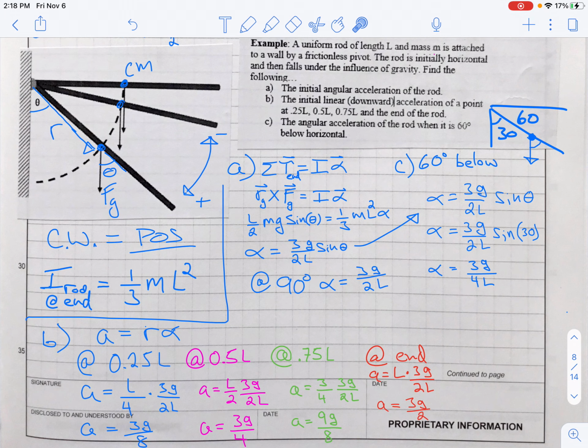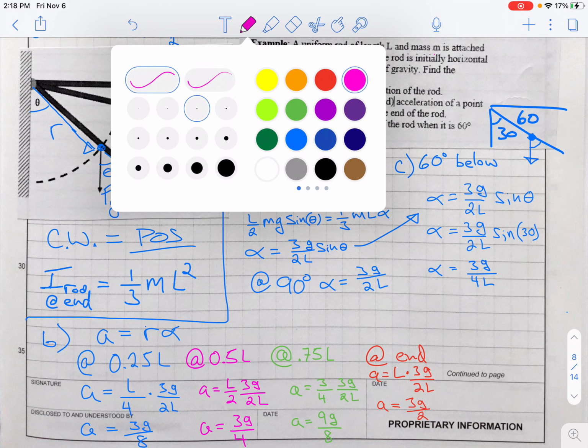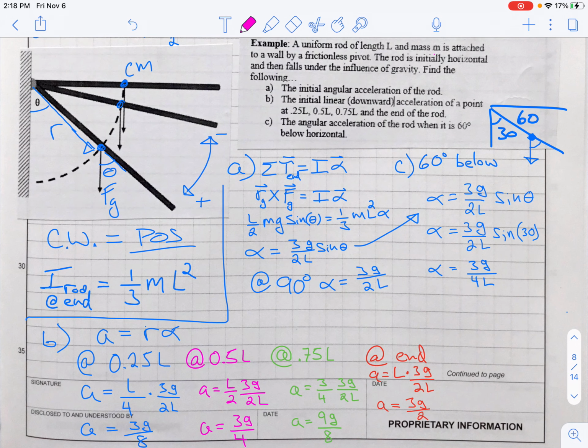And for part B, it says the initial downward acceleration. So we're looking to find the downward acceleration at a point that's 0.25 of the way along.